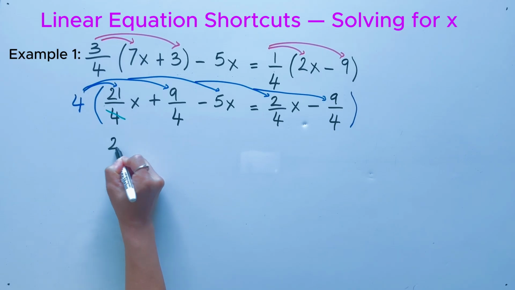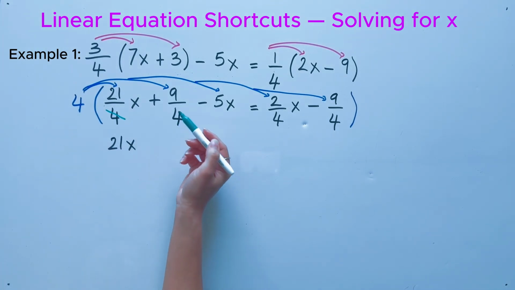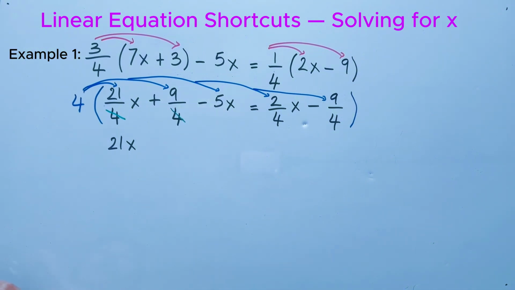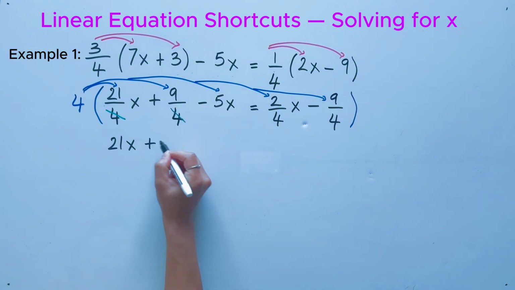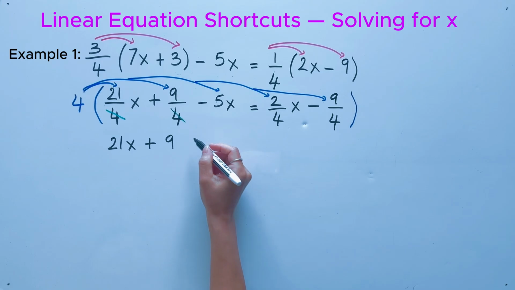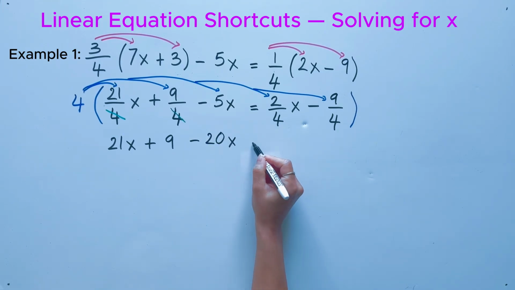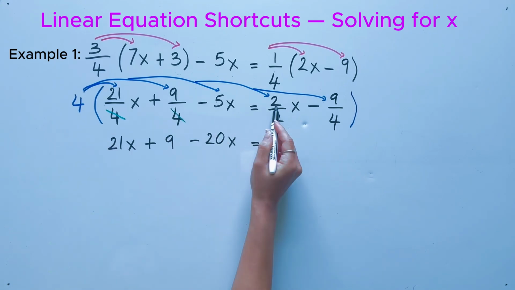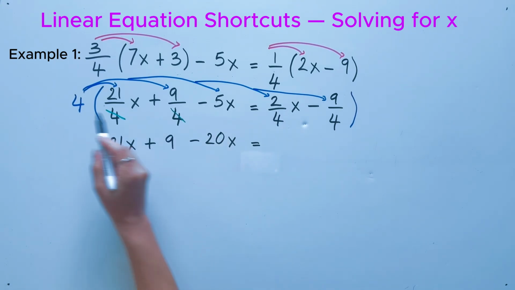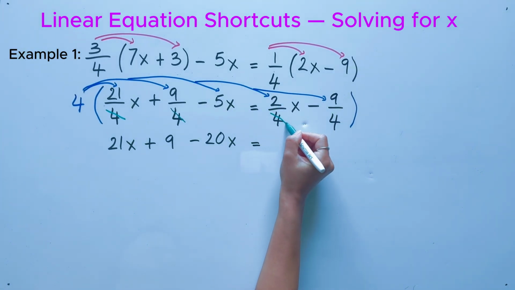Is 21x. The same here, 4 and 4 is equal to 1, so cancel that one out. So plus 9. And 4 times negative 5x is negative 20x. Equals, same here, 4 times 2 divided by 4, but 4 and 4 cancel out, which is 1, so 2 divided by 1 is 2, right?